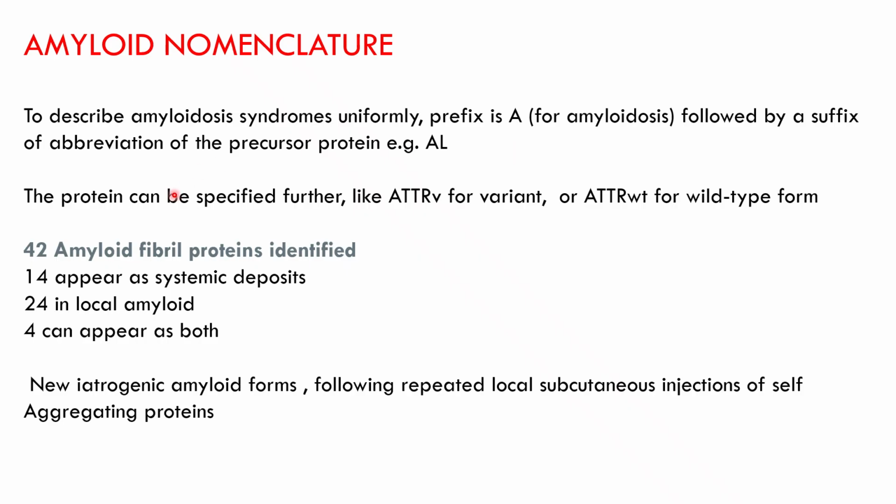The protein can be specified further, like ATTRv, v for variant, A for amyloid, TTR for transthyretin, or ATTRwt, A for amyloid, TTR for transthyretin, wt for wild type form.